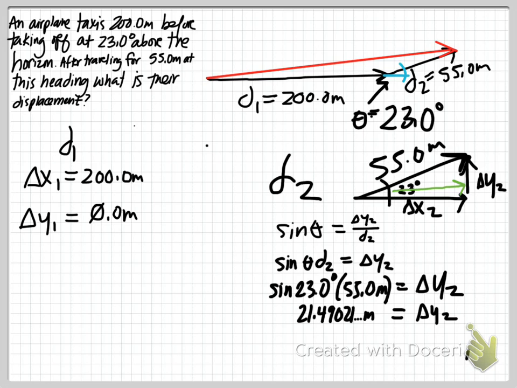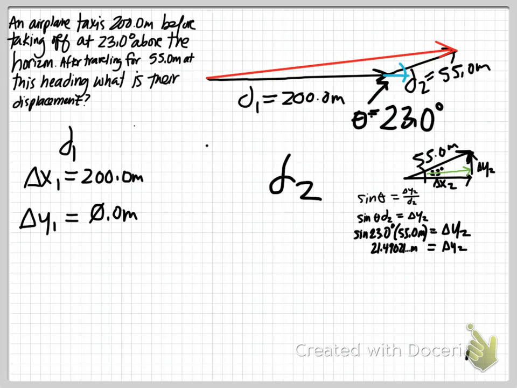Okay, so we've got our delta y2, and I'm going to shrink a few things here. And now we want to find our delta x2. So if we look back here, the adjacent side to that 23-degree angle is our x.